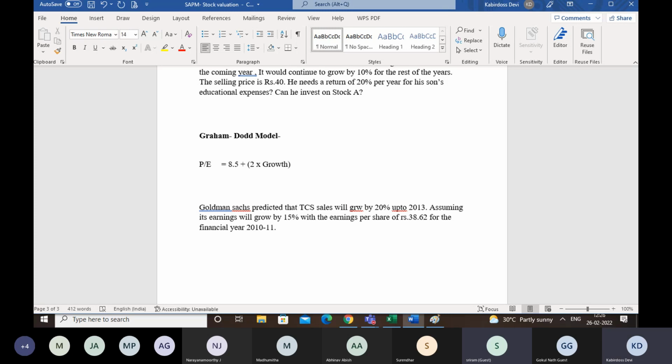They're asking you to find out the estimated price. They have given you the closing price of TCS on BSE, which was rupees 1192.55. Here we have to take this formula.